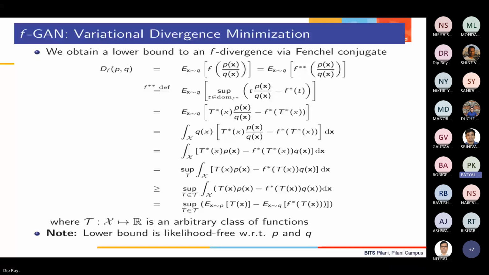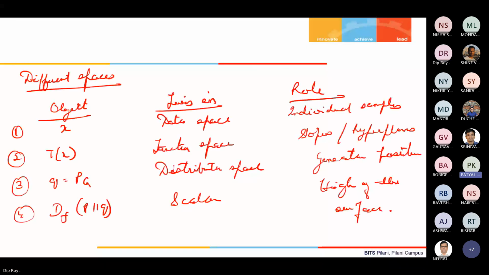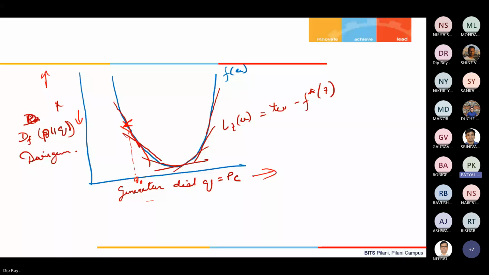Sir, I have a question with respect to the last slide where you explained intuitively. You said the role of the discriminator is to find a tangent at some point, then go along the slope, and if the slope is diverging from the curve, come back again. But we are not aware of that curve.